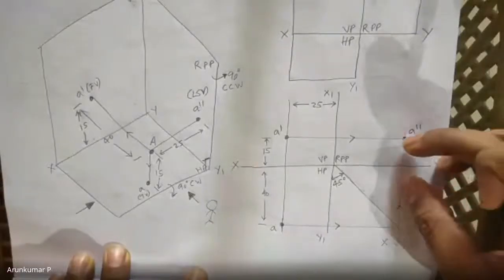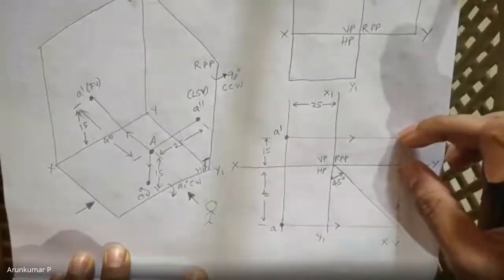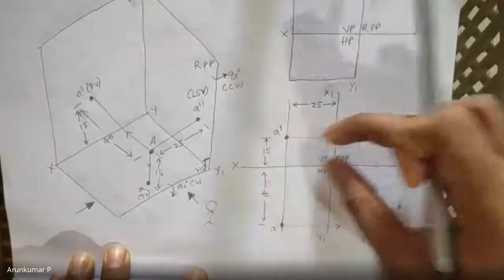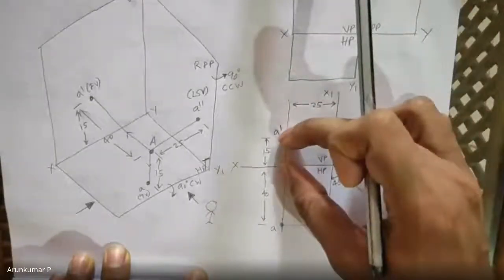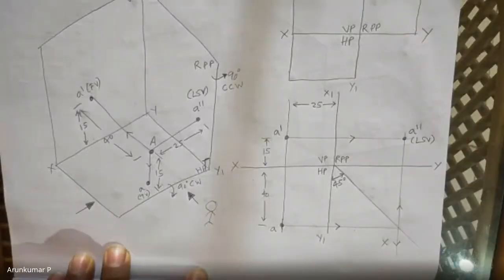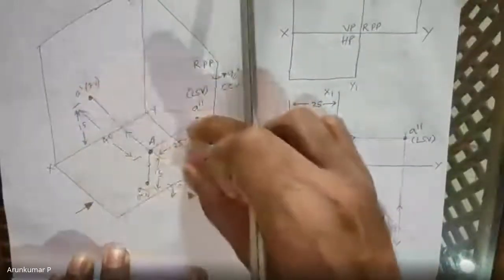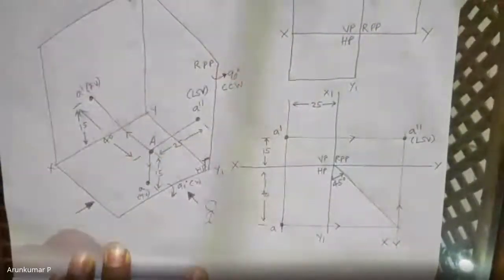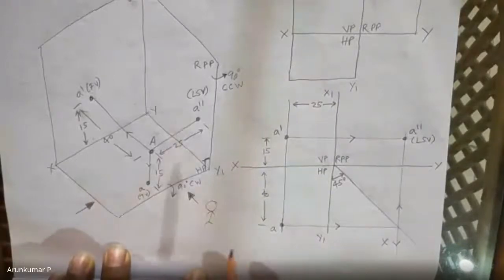Now tell me, A double dash is at what distance from XY line? 15 mm. Yes. So this is a confirmation. See, this has to be correct.